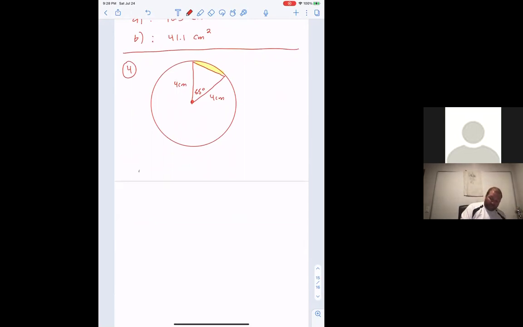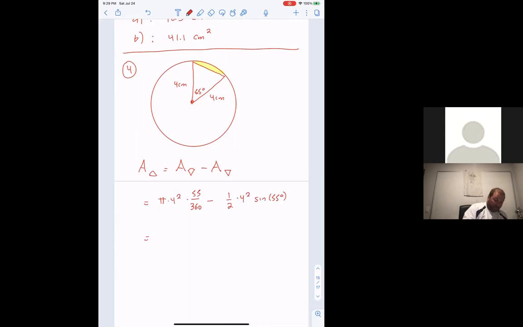We want the area of the whole sector minus the area of the triangle. The area of the whole sector is pi times 4 squared times 55 over 360. The area of the triangle is 1/2 times 4 squared times sine of 55 degrees. And then it's just a matter of evaluating.